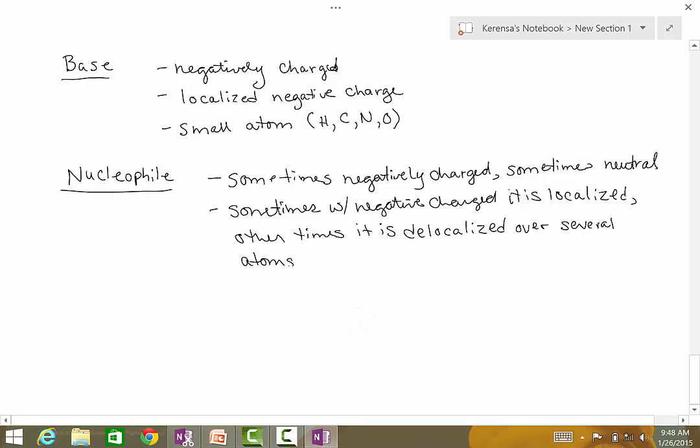In other words, it may or may not have resonance. And if it has this negative charge, and if it's localized, it will be on a large atom.